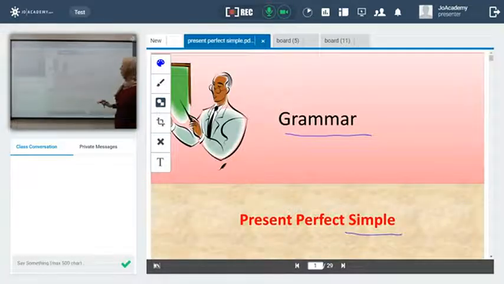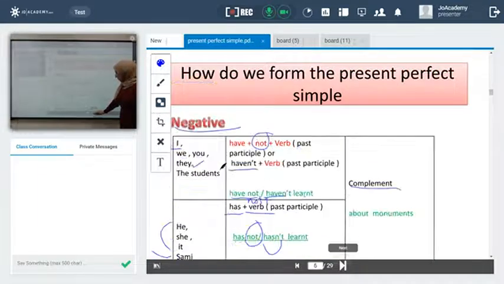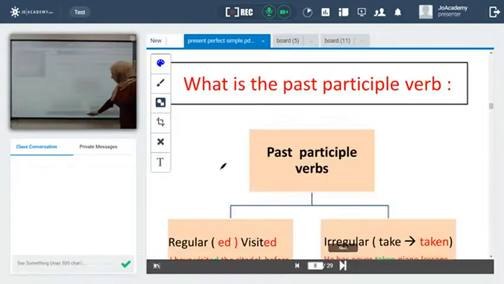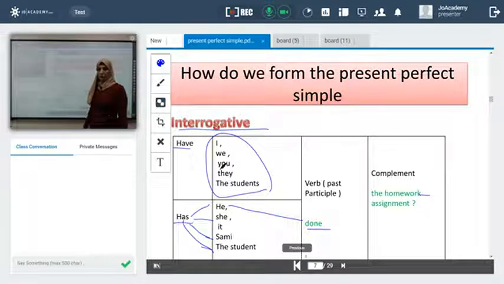So we have now learned together how to form the present perfect simple in the affirmative sentences, in the negative sentences, and in the interrogative sentences or the questions.